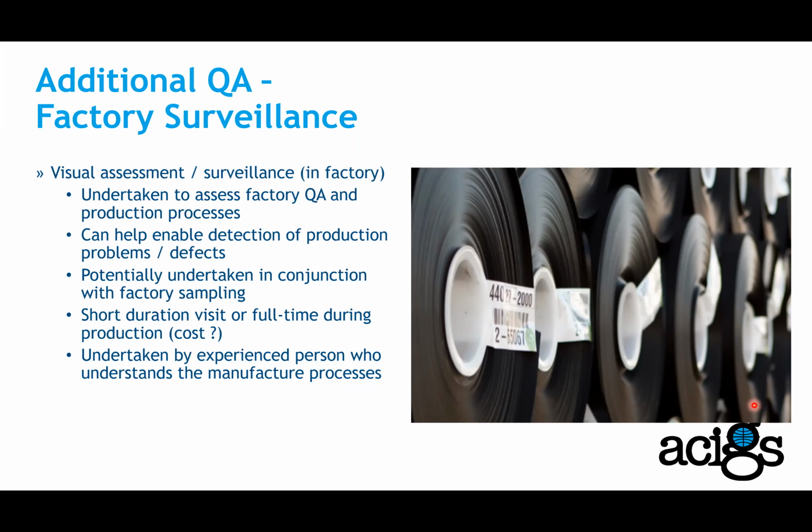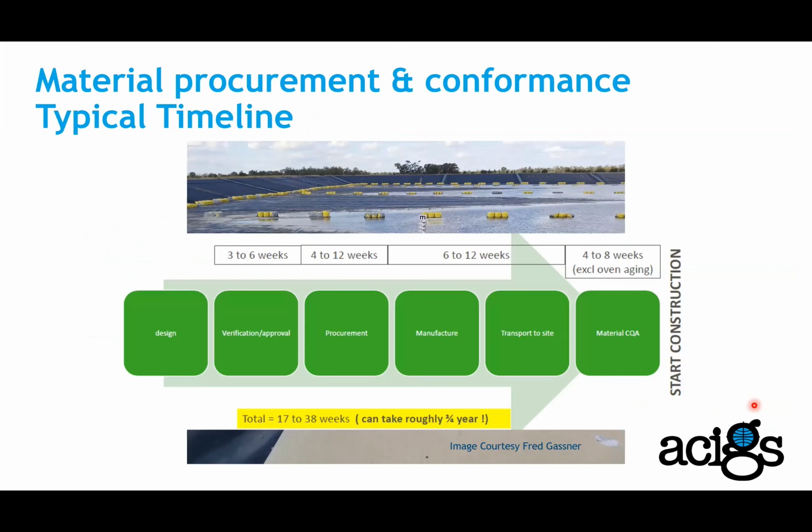Short duration visits or full-time duration during the production, and costs associated with that. If you want to cover that entire 24/7 production, that's something we need to consider. And they're undertaken by experienced people who understand the manufacturing process. So that's another important factor to consider.